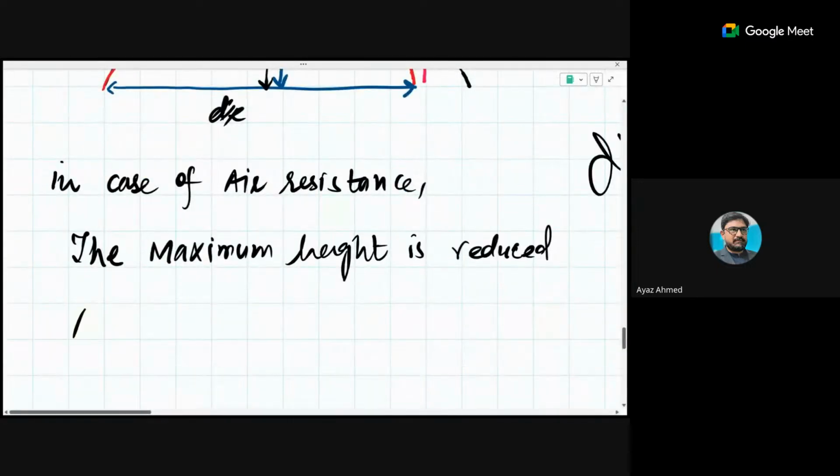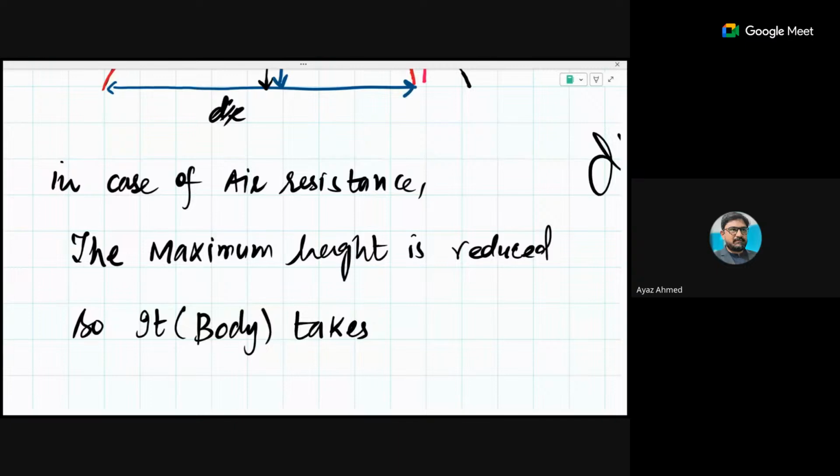Maximum height is reduced, so it means the body or the projectile takes less time to reach that maximum height.